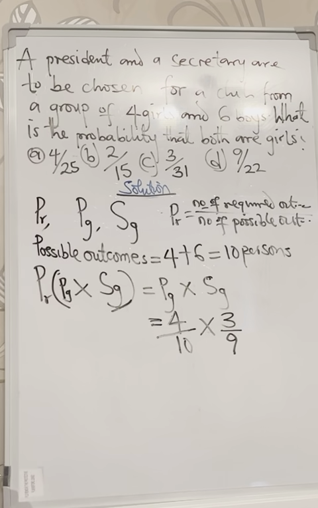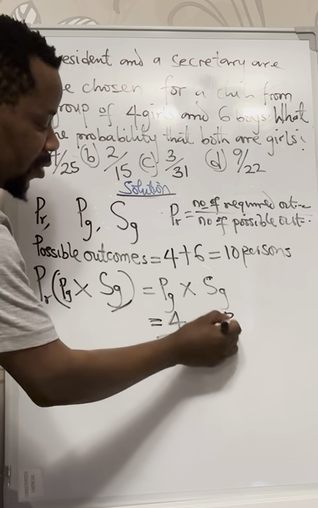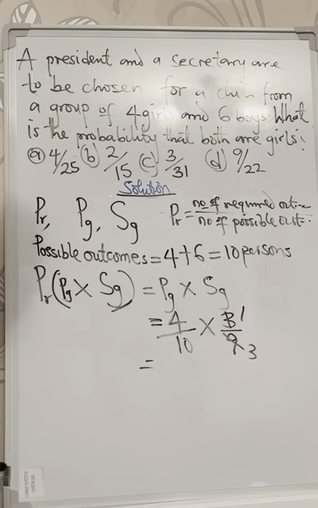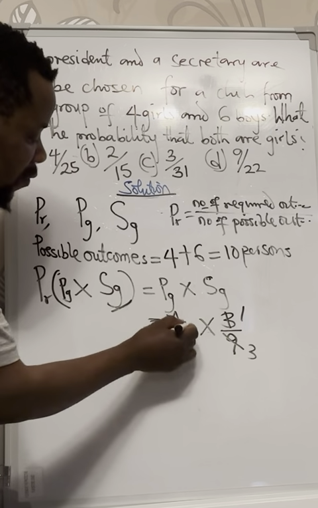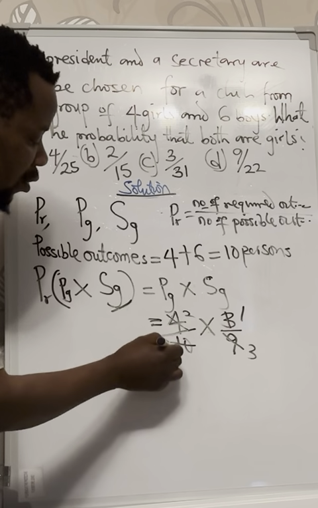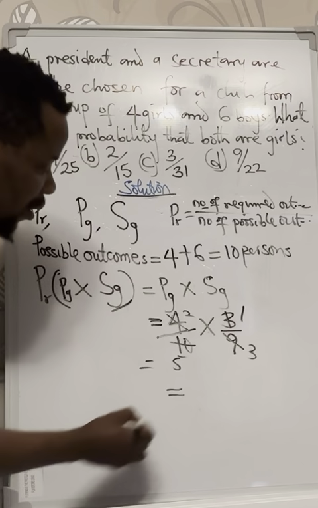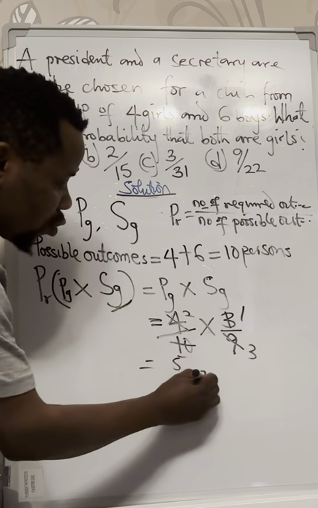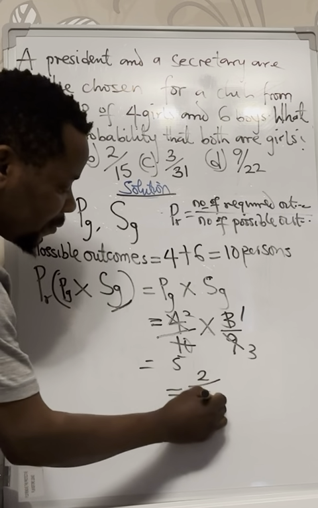Let's work around this. 3 into 3 is 1, 3 into 9 is 3. That shows that 2 into 4 is 2, 2 into 10 is 5. What do I really have here? This is 2 times 1, which is 2, while 5 times 3 is 15.